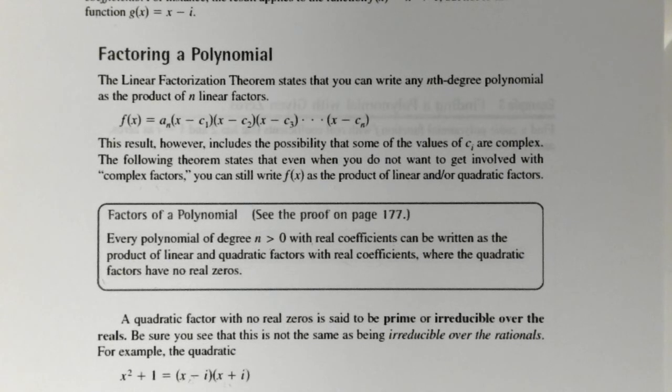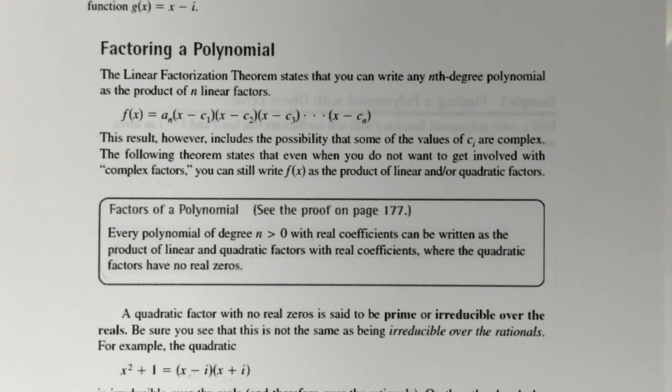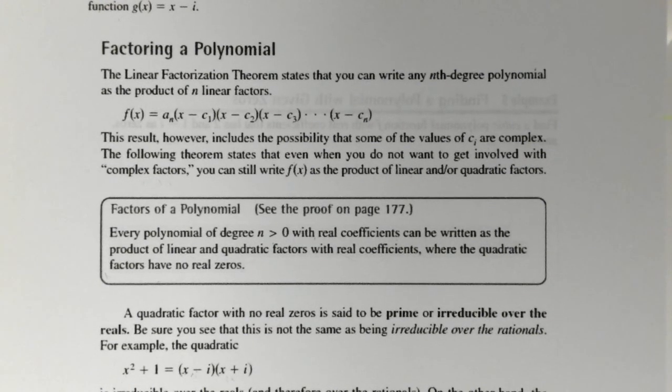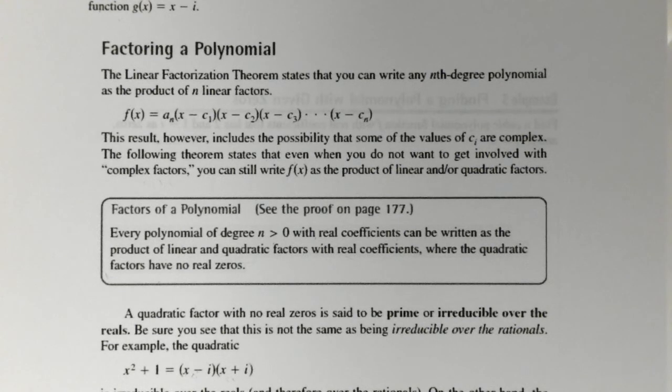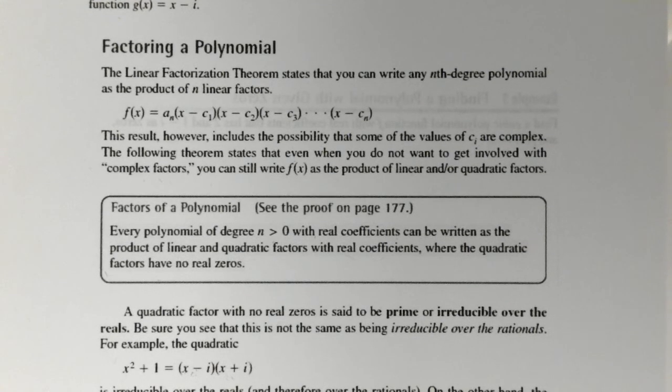And so on the other hand, this quadratic is irreducible over the rationals, but it's reducible over the reals. In other words, you can't factor these into rational factors, okay, but you can factor it into square root factors. So keep that in mind.